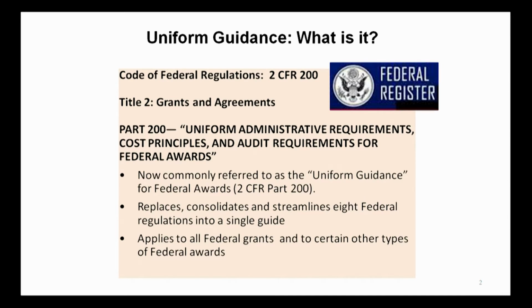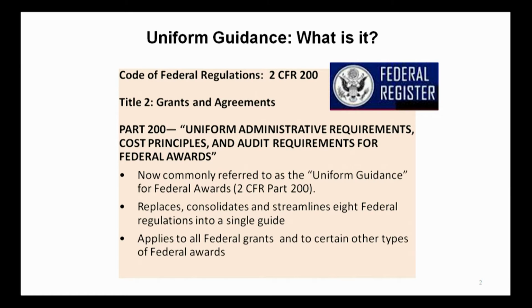So as the name implies, it is comprehensive guidance. It's commonly referred to as uniform guidance, and that's what we're going to refer to it as through the Webcast series. This document consolidates 8 federal regulations into a single guide.